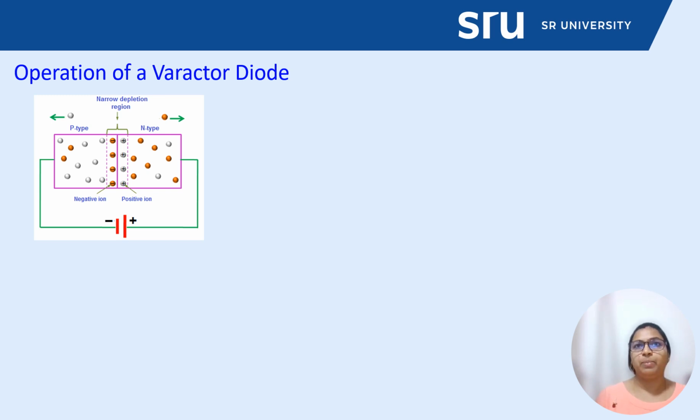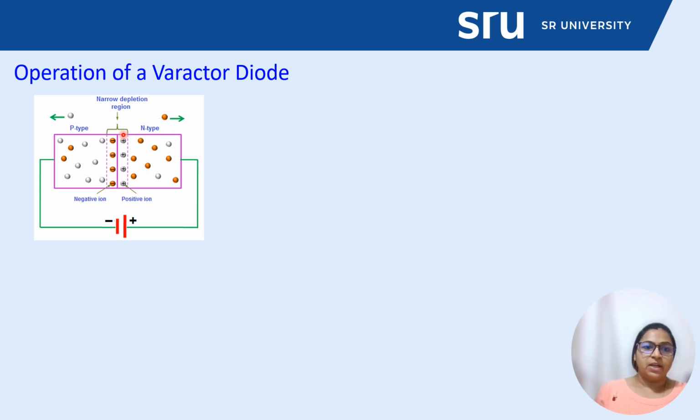As a result, the depletion region becomes negligible. We know the depletion region consists of stored charges, so stored charges will become negligible, which is undesirable in this case. The Varactor diode is designed to store electric charge, not to conduct electric current. So a Varactor diode should always be operated in reverse bias.